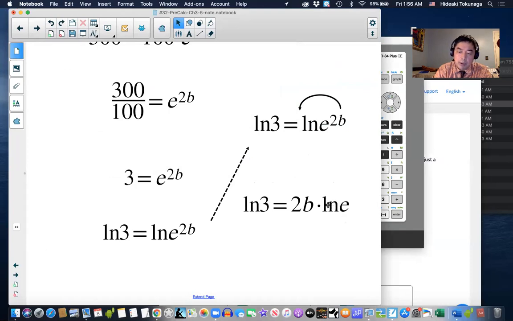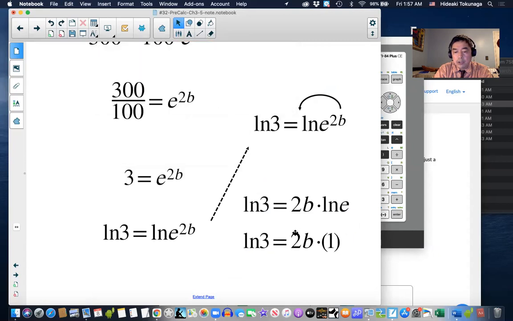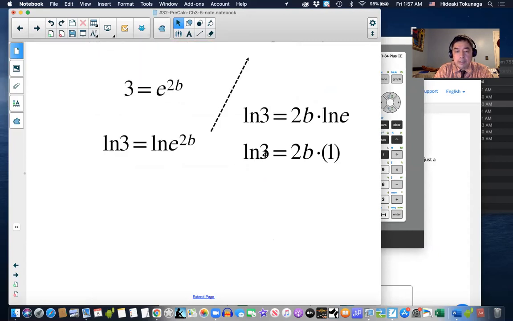So they become 1, and the left-hand side is going to be 1. So the answer is 2b equals natural log of 3. Right?